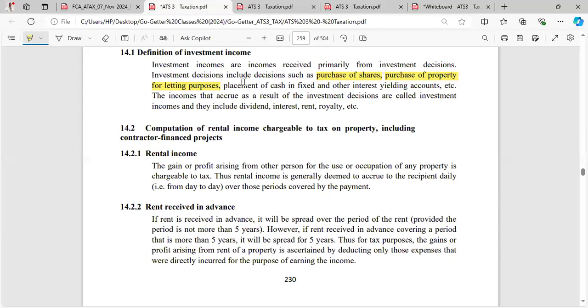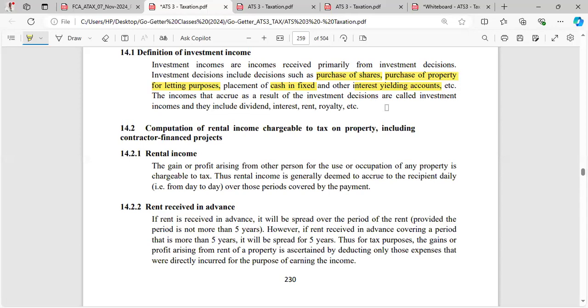Or you can put cash in a fixed deposit. When you go to the bank and put a fixed deposit in your account and they pay you a particular interest, they call it an interest yielding account. Fixed deposit is there as an example. That interest is investment income.